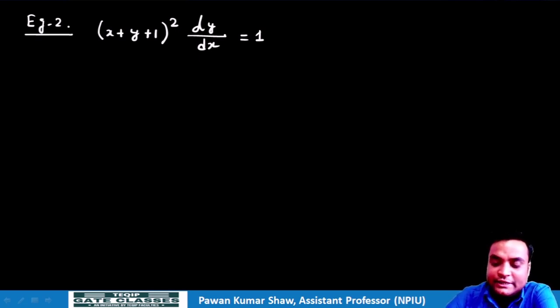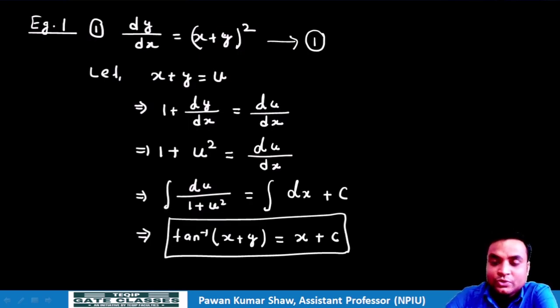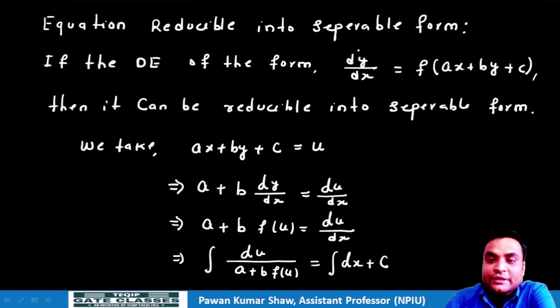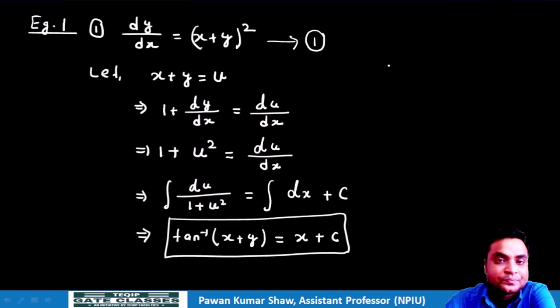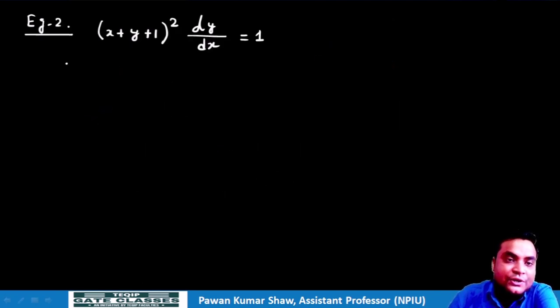Why are we taking this substitution? Because if a differential equation dy by dx is given in the form of ax plus by plus c, then we can do the substitution and convert it into variable separable form. So here we are going to apply the same thing.